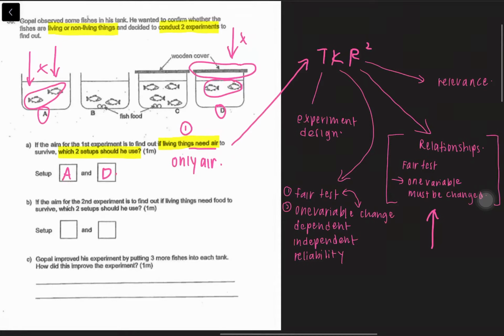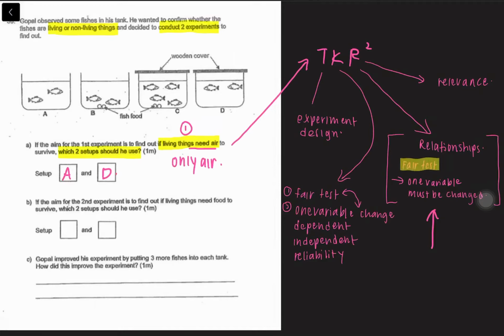Now let's go on to try out the second part of the question. If the aim of the second experiment is to find out whether living things need food to survive, which two setups should he use? So remember, a fair test, only one variable needs to be changed. Through our TKR2, we have identified this for the question.